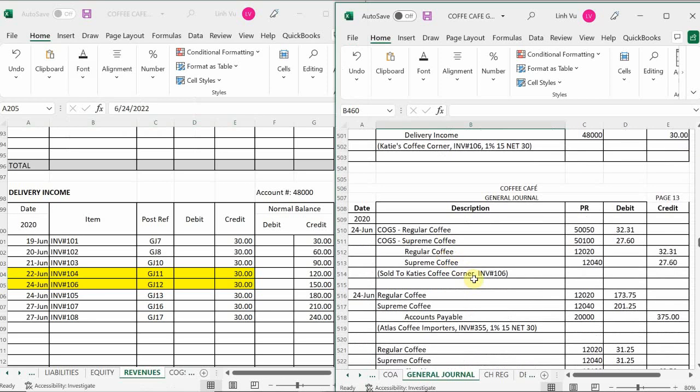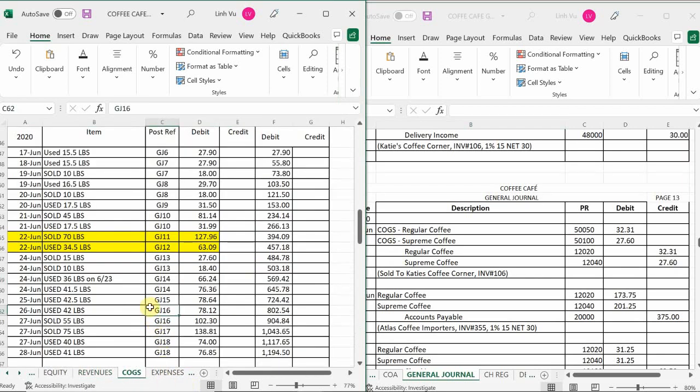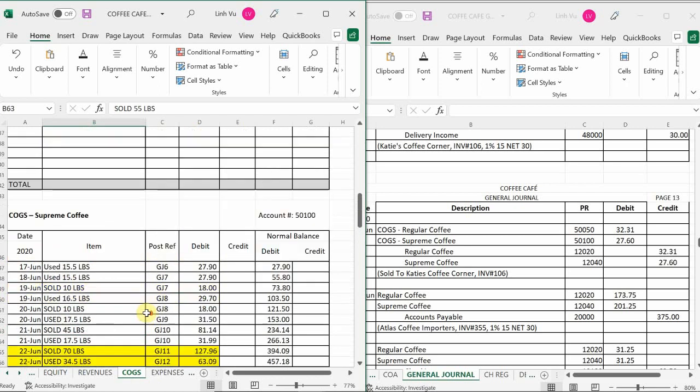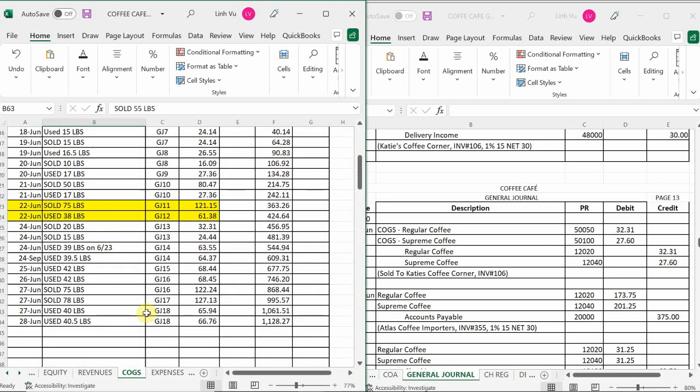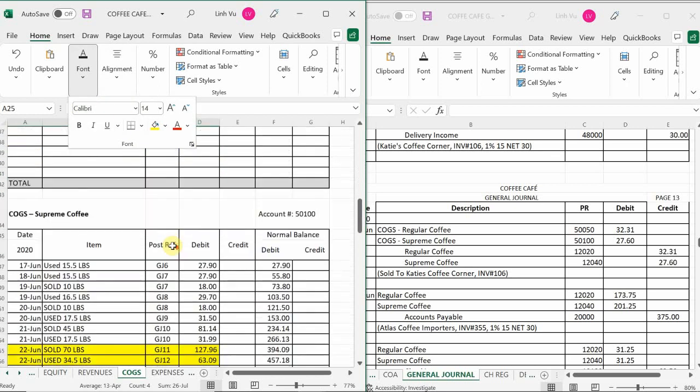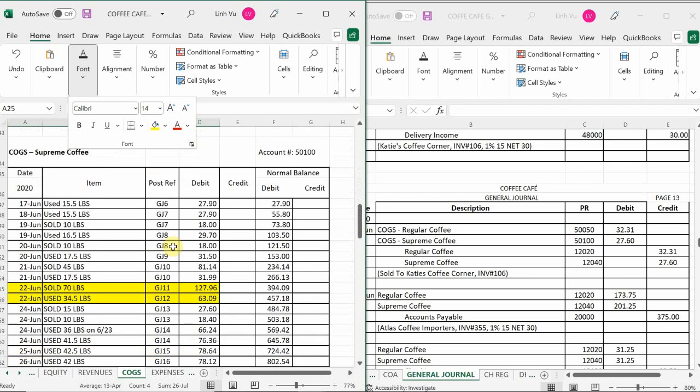Then we gotta go through the cost of goods sold for 32 and 37. Wait, is it 27 or 37? 27, my bad. 27.60.